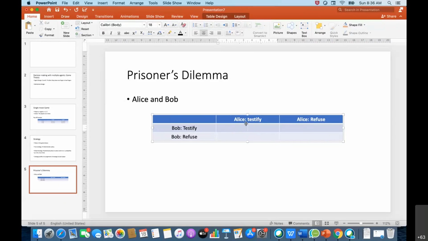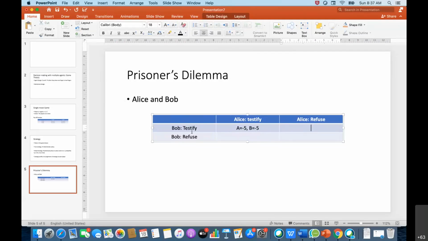Now, what are the rewards that they are going to receive after testifying or refusing? If Alice says that yes, Bob has done the crime, and Bob says yes, Alice has done the crime, then they both will be punished and kept in prison for 5 years. So the reward that Alice receives is -5, and the reward that Bob receives is also -5. Now, what will happen if Bob says yes, Alice has done the crime, but Alice says no, Bob has not done the crime?